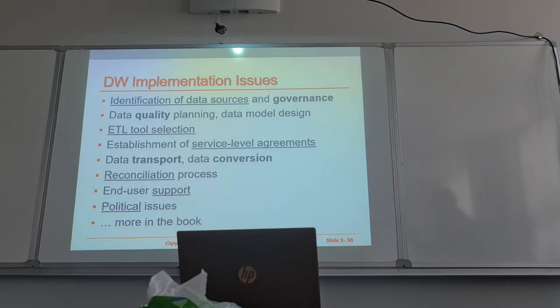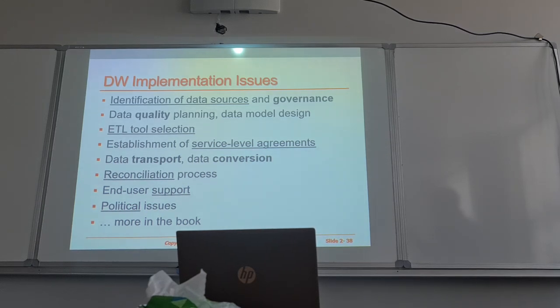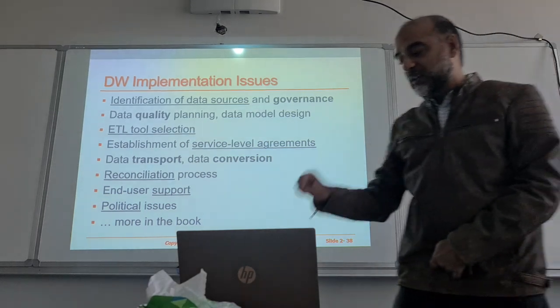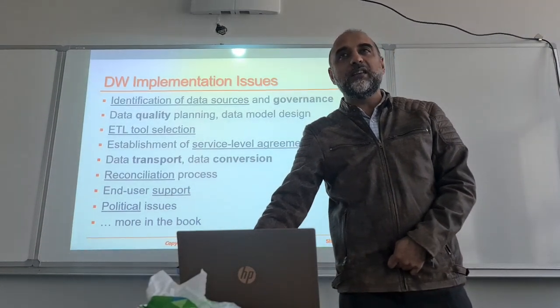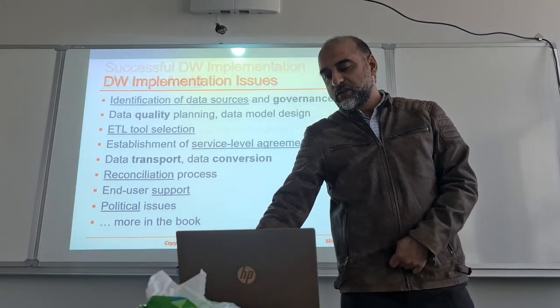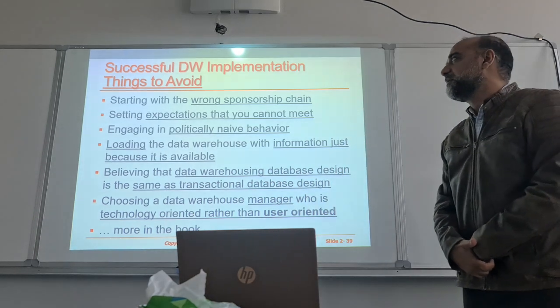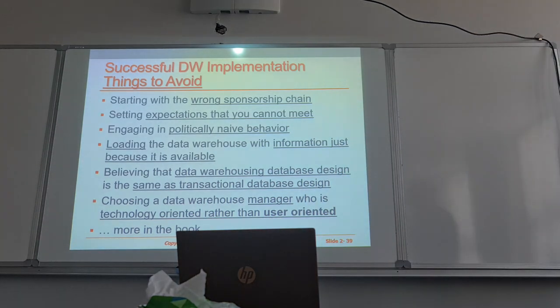IBM, I think, has an agreement with them, and they say they must respond to a user query within 6 hours, not 24 hours. So they are bound even by the speed with which they have to respond. Political issues, I already told you that people are getting affected by your data warehousing decisions. So sometimes those are important considerations.